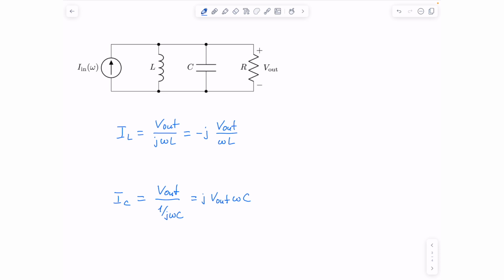When omega L equals 1 over omega C, the sum of these two currents is 0, and this happens at the resonant frequency. So, if I_L plus I_C is 0, then current through the resistor is the current of the current source, and we can rewrite inductor and capacitor current in the following way.